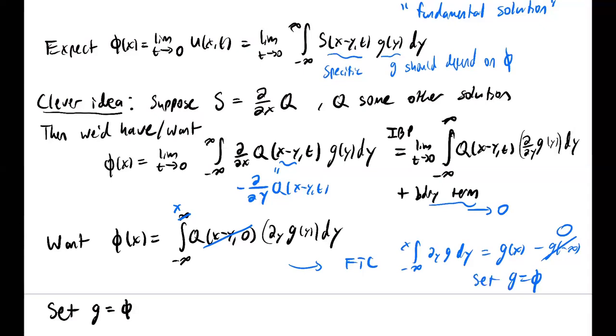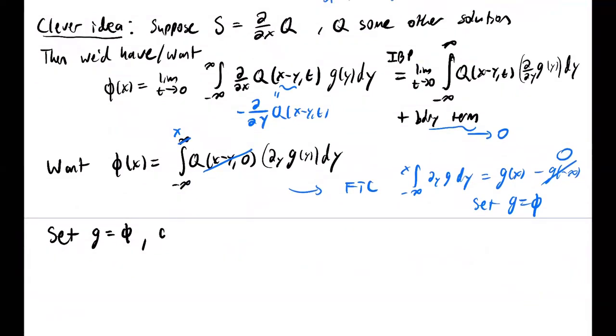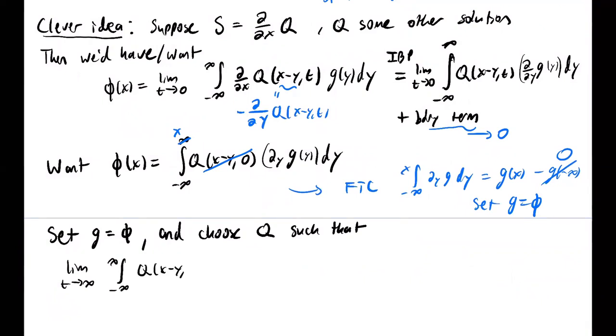And what I want to do is choose my q so that when I take the limit as t goes to 0, the integral is just the integral from minus infinity to x of the derivative. So let me write that out. I want to choose q such that if I take the limit, I'm not going to write g anymore, I'm just going to write phi.